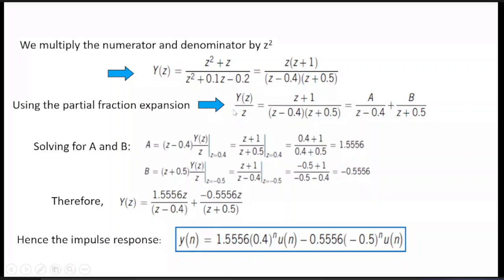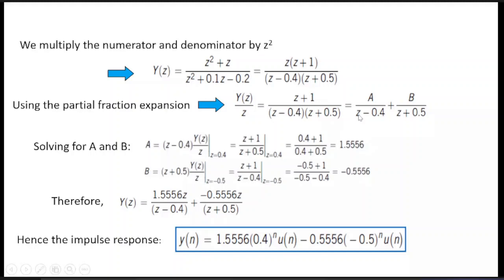This is the way we always do the partial fraction method, Y(z) by z, which is (z plus 1) divided by (z minus 0.4) times (z plus 0.5). So we have to get the coefficients A and B, with poles at 0.4 and minus 0.5. So you find the values of A and B, and we get Y(z).